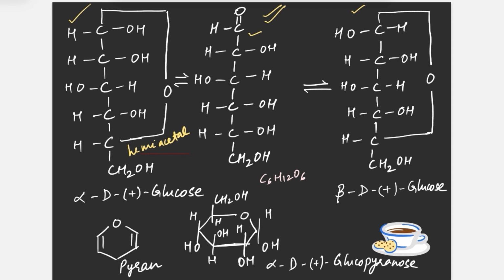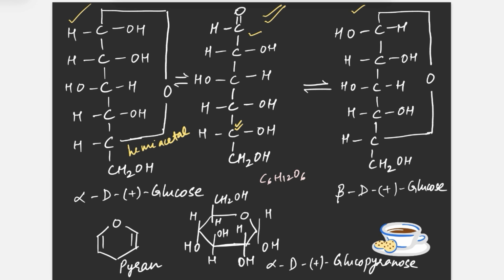The OH of the 5th carbon is involved in the ring formation. It adds across the carbonyl group of the CHO group and forms the ring.